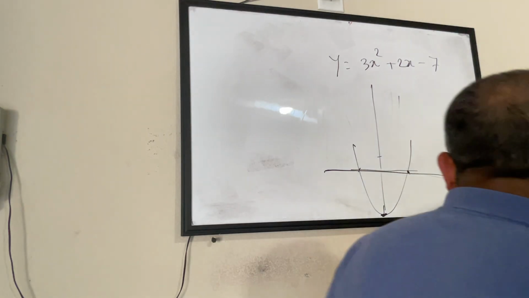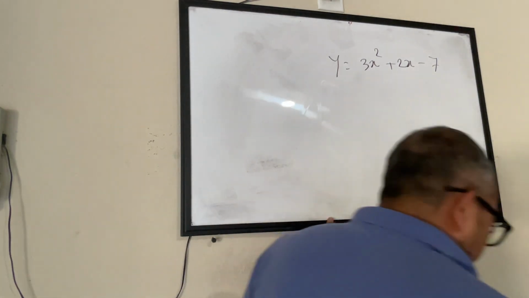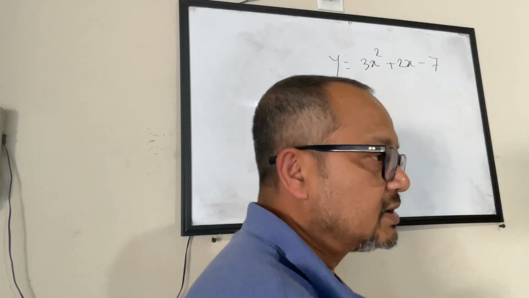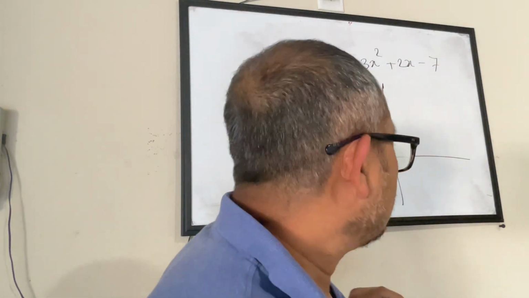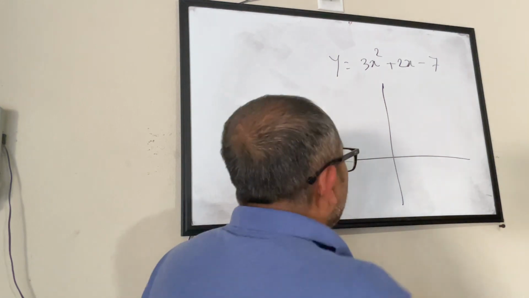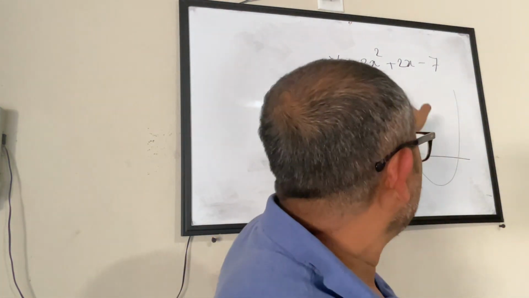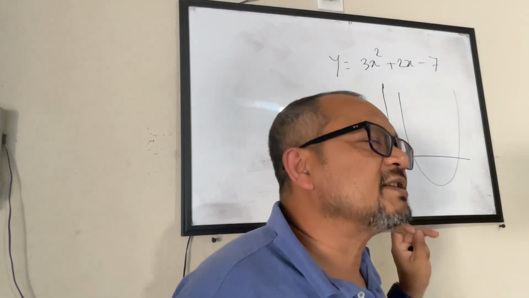Alright. Now, let's look at this equation and try to find out what my x and y intercepts will be. Let's say this is my coordinate plane and the parabola is going like this. What will my x intercepts be?